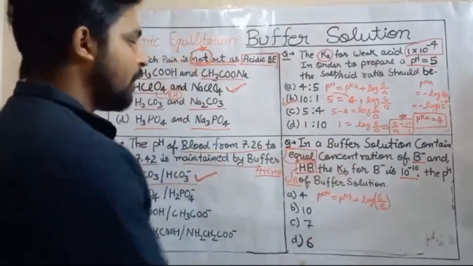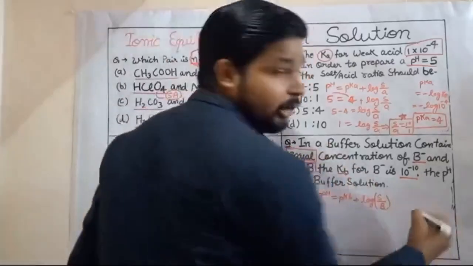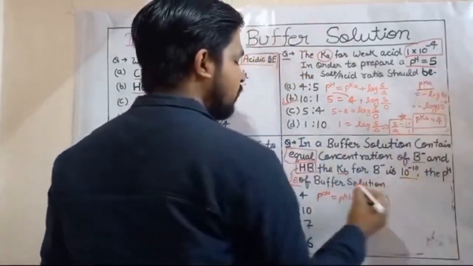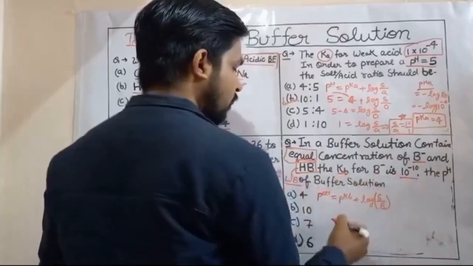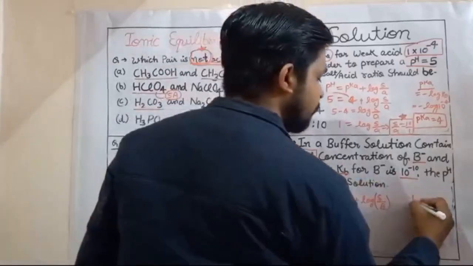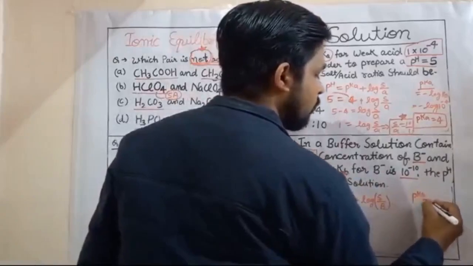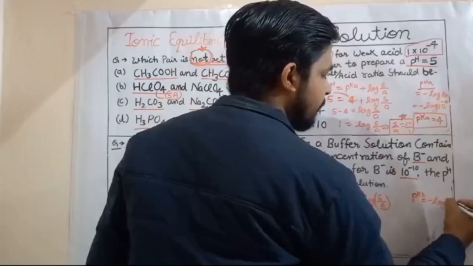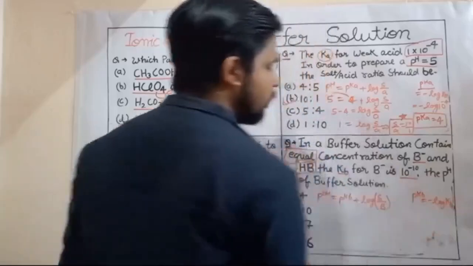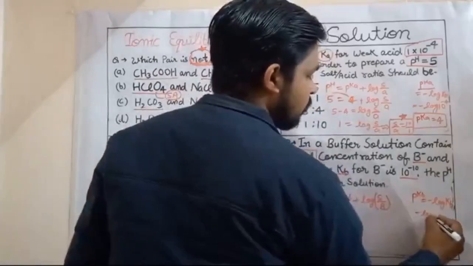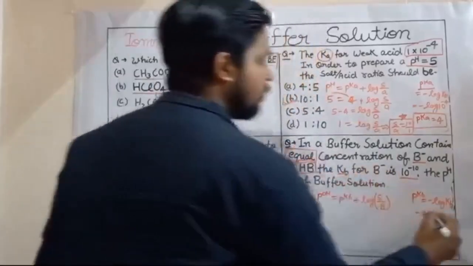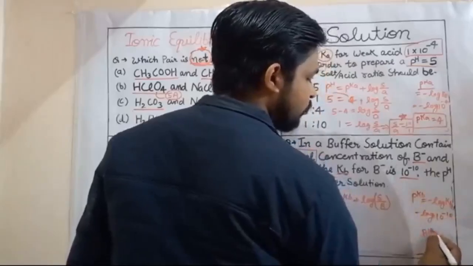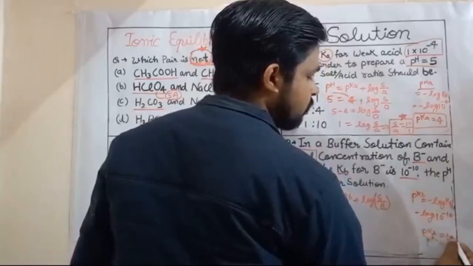So the Kb is given. So first of all we calculate pKb for the basic buffer solution. So pKb is equal to minus log Kb, simply Kb concentration. Okay student, so minus log Kb, here Kb is given 10 to the power minus 10. So pKb is equal to 10.